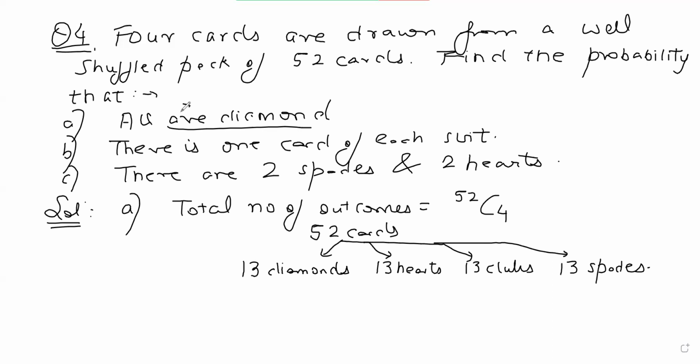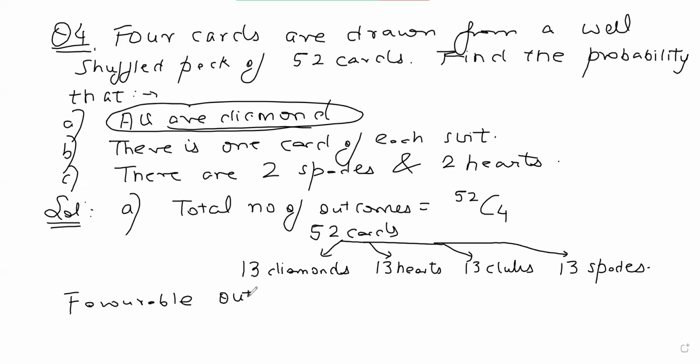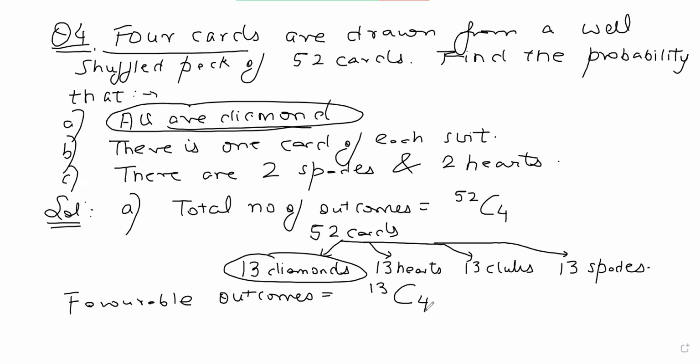So what is the probability that all are diamonds? Favorable outcomes: we want all 4 cards to be diamonds, so out of 13 diamonds, I need to select all 4, which is 13C4.